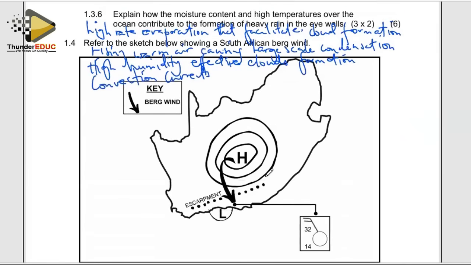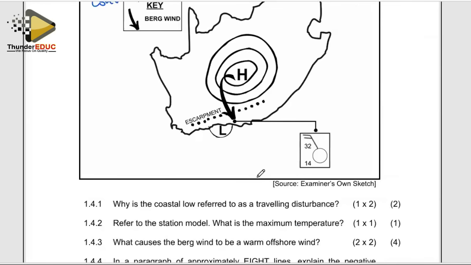Let's look at number 1.4. 1.4 is a question on the Berg winds. Why is the coastal low referred to as a traveling disturbance?